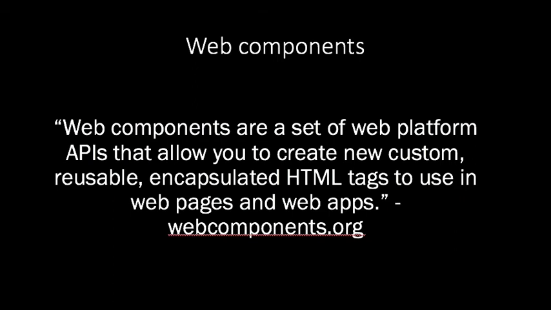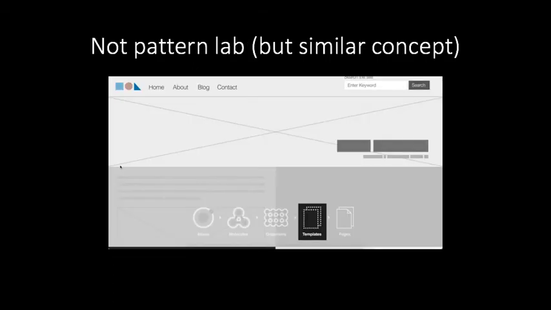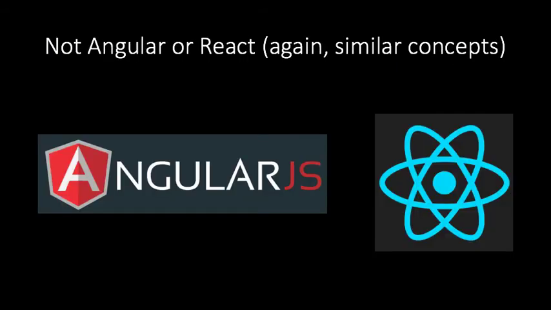So if you are more developer-centric, we'll start by saying this is not Pattern Lab. Pattern Lab allows you to build these different items from smaller items and templated design, and then you implement the templated design as opposed to the root HTML elements. It's also not Angular or React, although it's very similar at times to React, even if you're just looking at it at a code level.